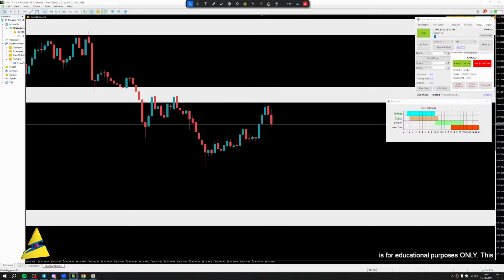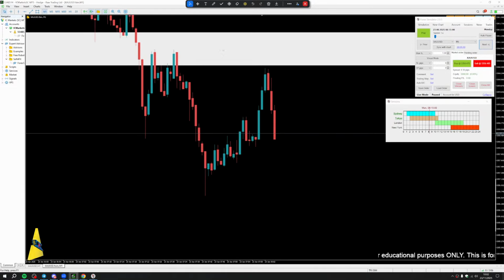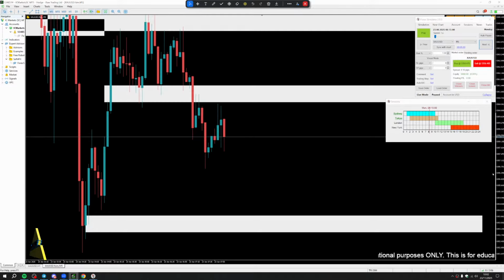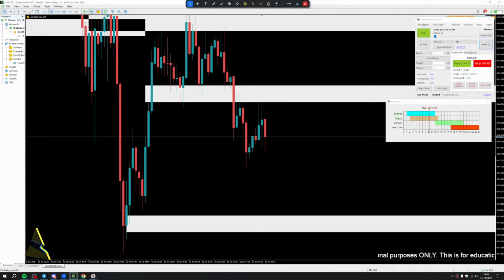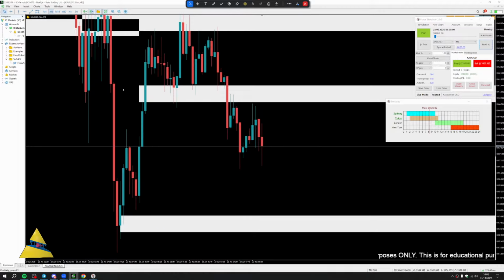The 1-minute's coming down. We don't really have much structure right now to take a base off of a 1-minute play. We do have some kind of rejection there though. Let's see what happens. Candles moving down. All right, so let's refine our zones a little better.